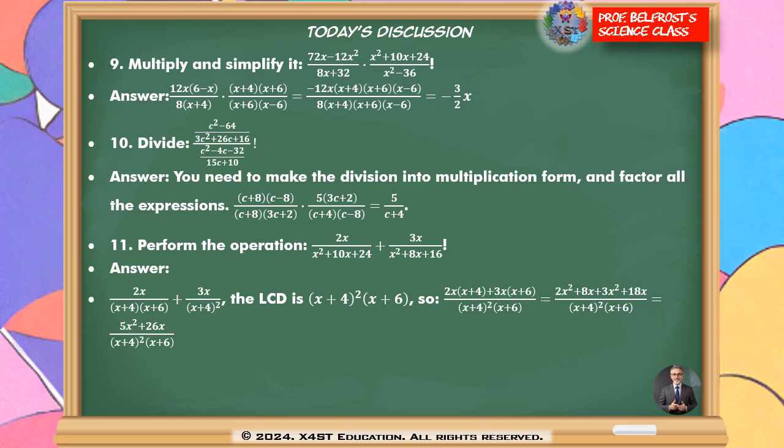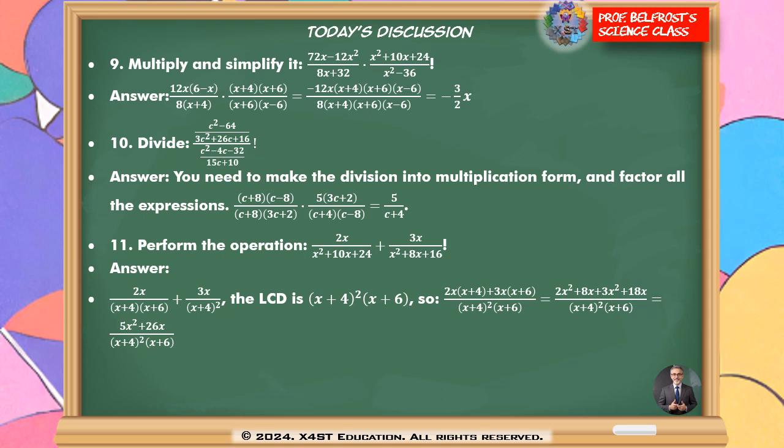11. Perform the operations on this. Okay, first identify the factors of each denominator. For the first expression it is x plus 4, x plus 6. For the second it is x plus 4 squared. So the LCD of both expressions is x plus 4 squared, x plus 6.